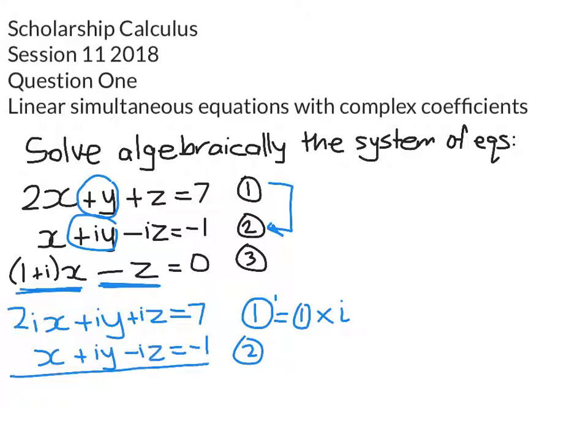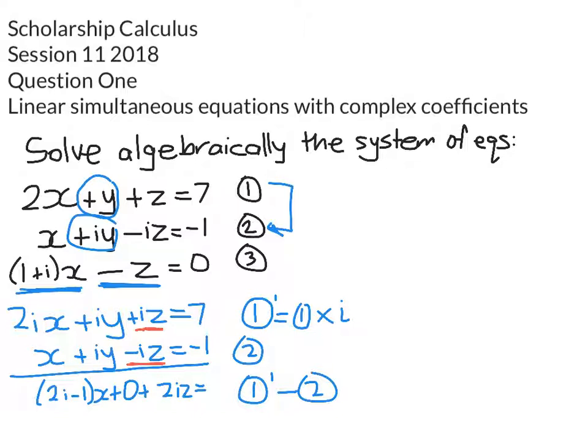The next step is to subtract one from the other. We'll do 1 dash minus 2, and that's going to give me 2i minus 1 x. I'm trying to keep it all lined up, but failing as usual. There we go, plus 0, and now be careful here, I've got plus iz minus negative iz, so that gives me 2iz, and that equals, what do we got?